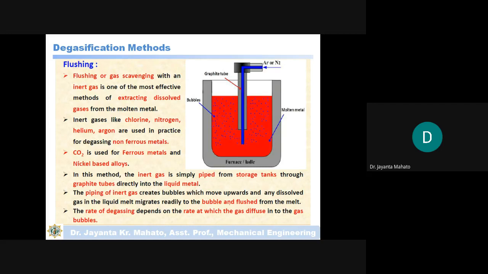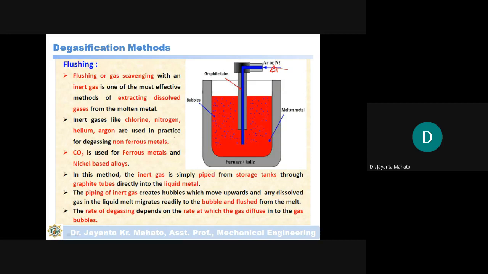In this method, the inert gas is simply piped from a storage tank through graphite tubes directly into the molten metal. From this figure, the nitrogen or argon gas is supplied from the gas tank through a pipe made of graphite tube.